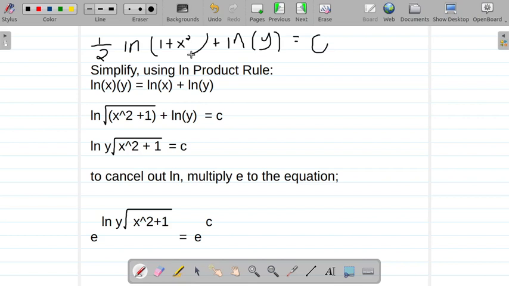So, using the logarithmic rule, if you remember in the previous slide the power rule, y multiplied by ln x can be written as ln of x raised to the power of y.